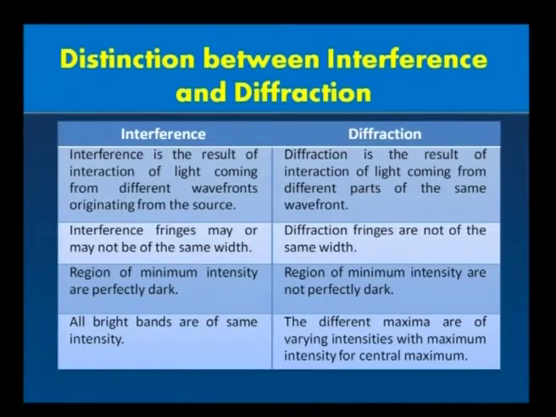They are equispaced. All the bands are of the same intensity, and the distance separating any two bright bands or any two dark bands will be the same, which you call the band width. But in the case of the phenomenon of diffraction, the intensity of the light that you get on the region of the screen where the diffraction occurs will be fading.